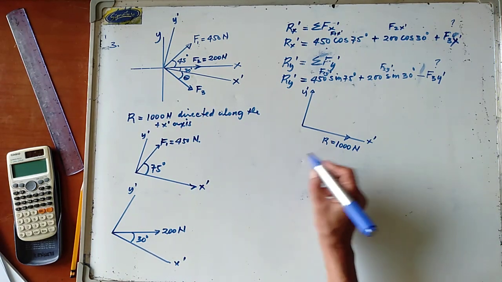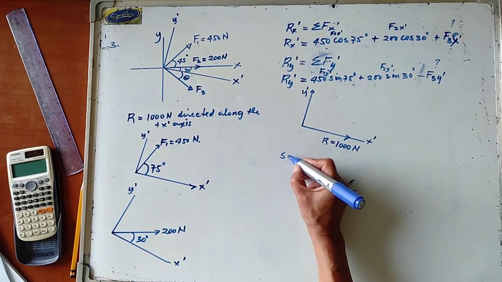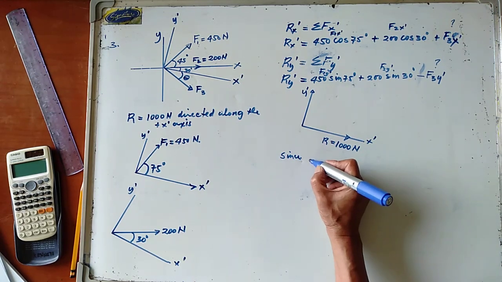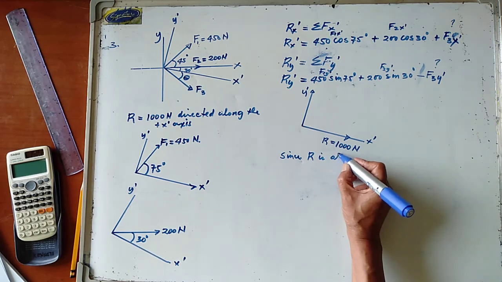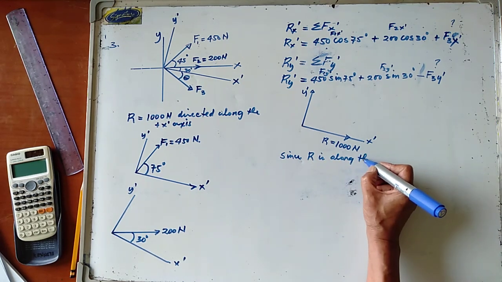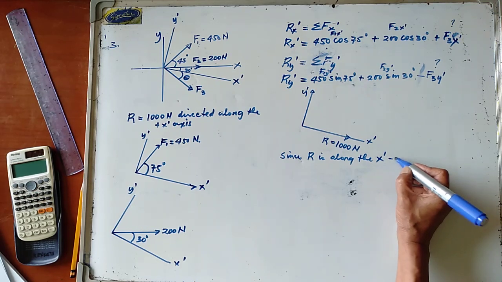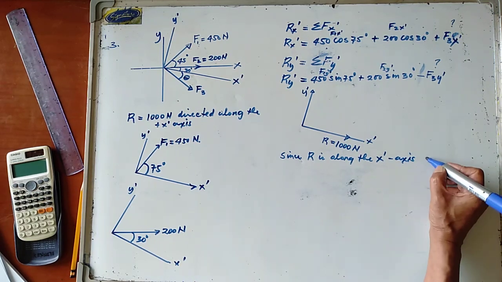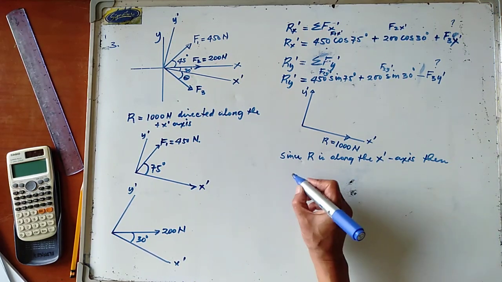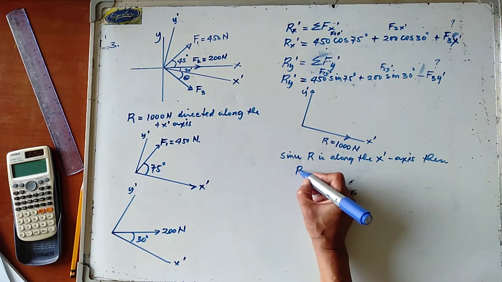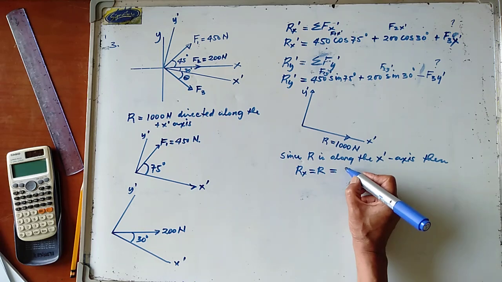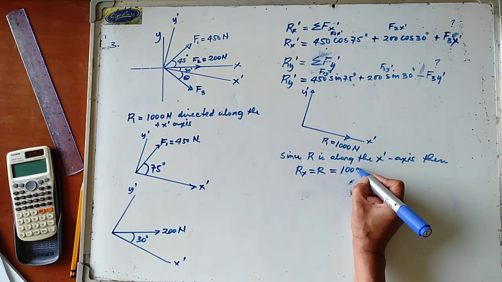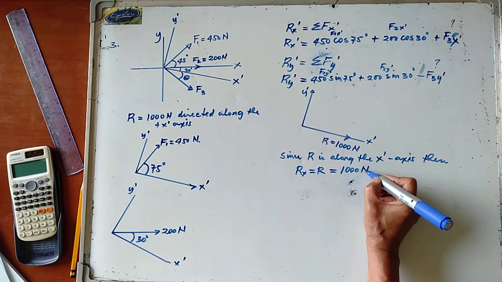Since R is along the x prime axis, Rx is equal to R, which is 1,000 newtons.